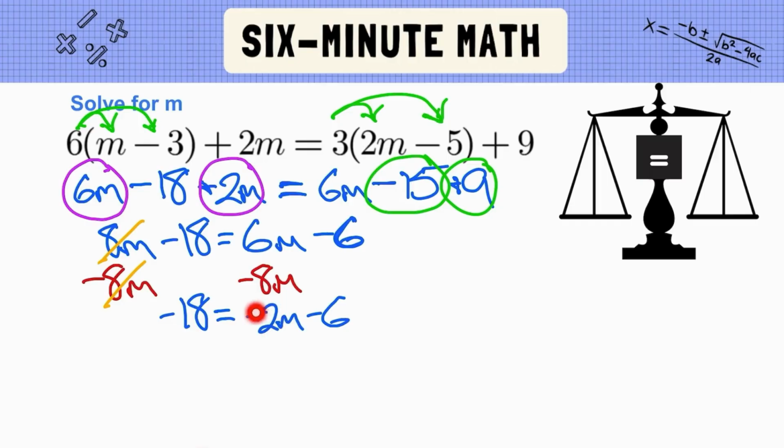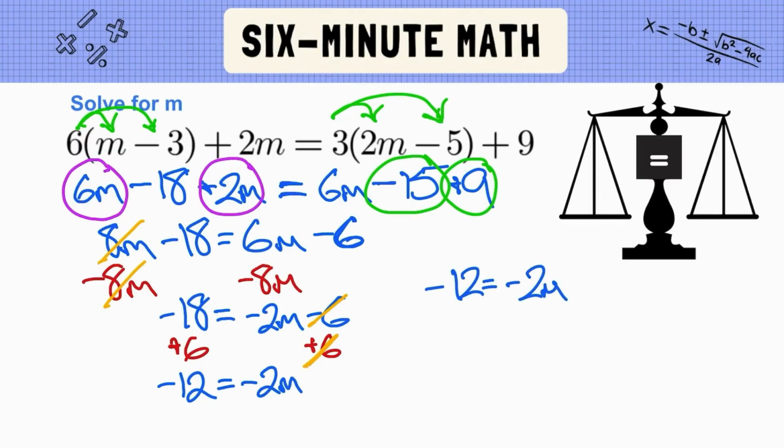I want my variable by itself, so I'm going to add 6 to both sides. Negative 18 plus 6 is negative 12, and that's going to equal negative 2m because the negative 6 and positive 6 cancel out. My last step is dividing by that coefficient of my variable.